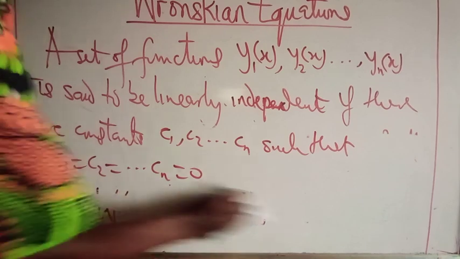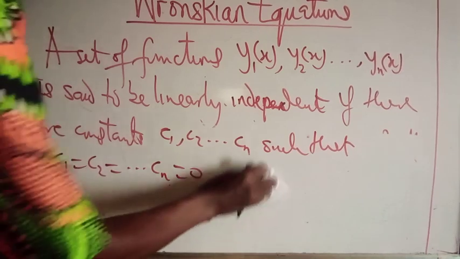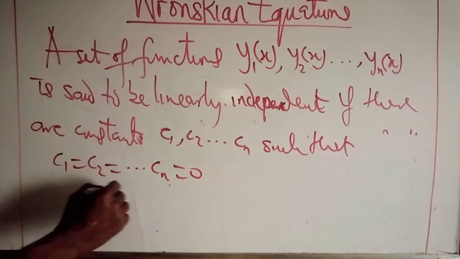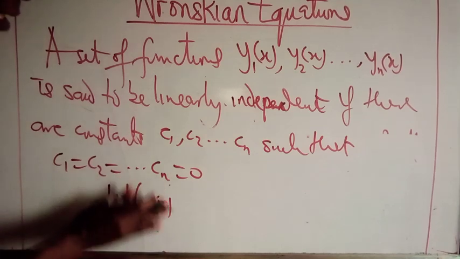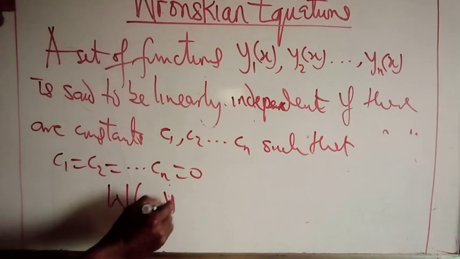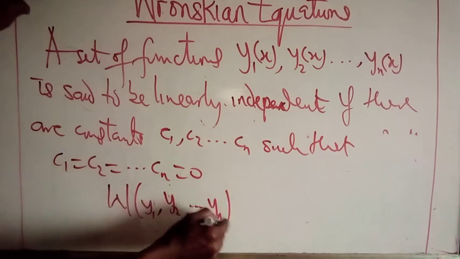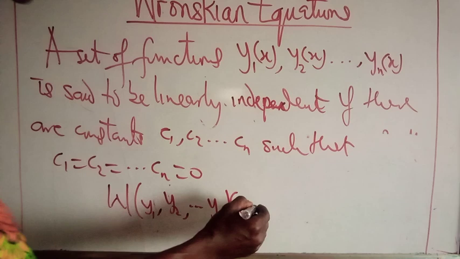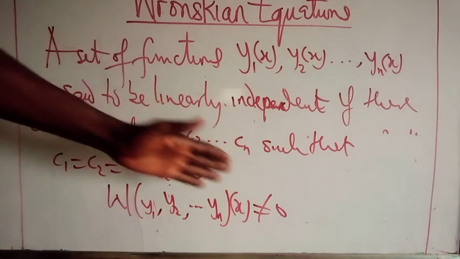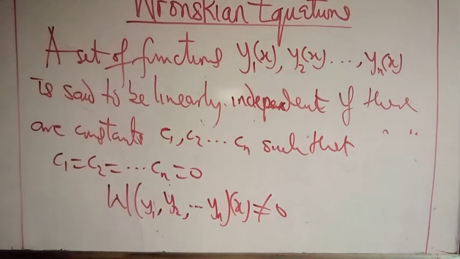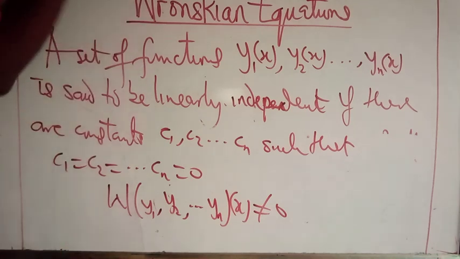So in this case, the Wronskian of y1, y2 till yn of x is not equal to 0. So if the Wronskian of a particular set of solutions is not equal to 0, then we say that the set of functions is linearly independent.